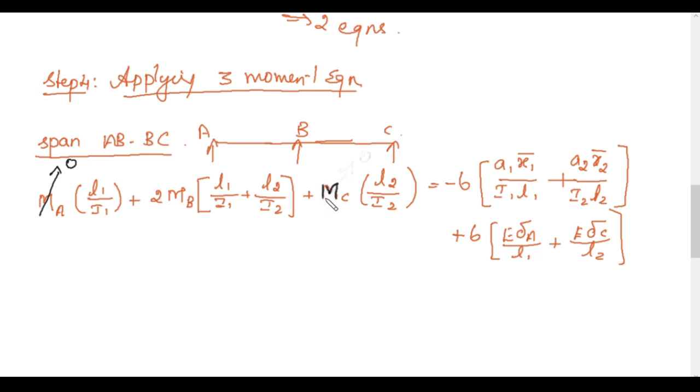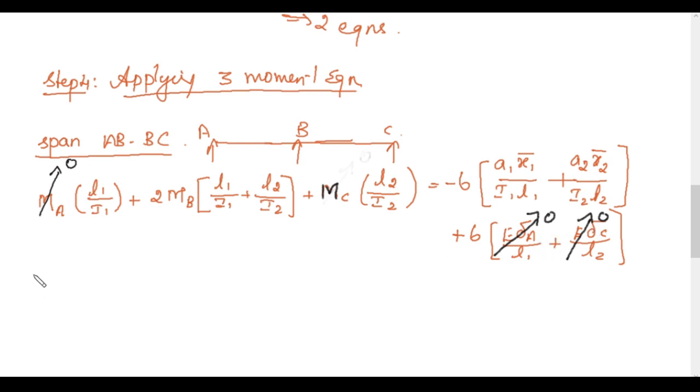Now, we don't have settlement of supports. The supports are at the same level. So, delta A is equal to 0 and delta C is equal to 0.